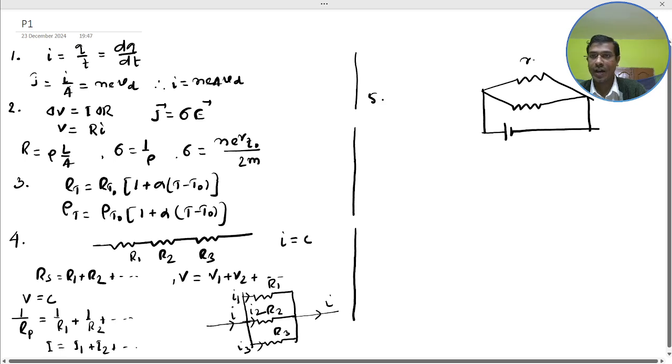Suppose this is R1, R2, here the current I1, here I2, this is the total current I, this is plus to minus, and this is I.